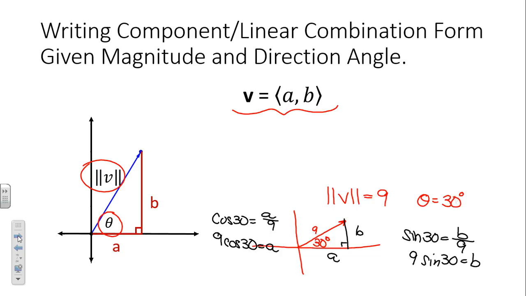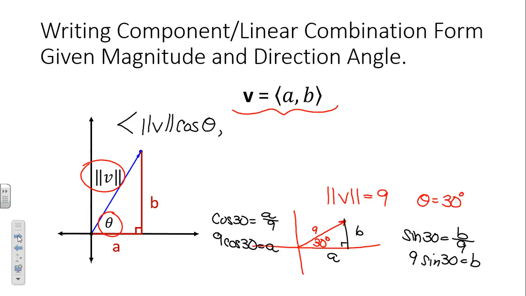So let's write this in a more formal way, a formula that works for everything, as opposed to our particular numbers that we chose to use. If we want to find the component form of the vector when we're given a magnitude and a direction angle, to find the horizontal component, we take the magnitude times the cosine of the angle.